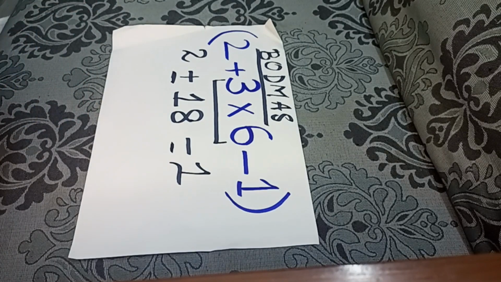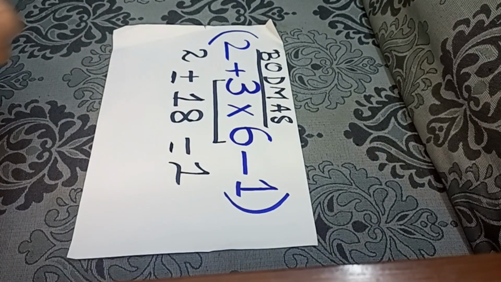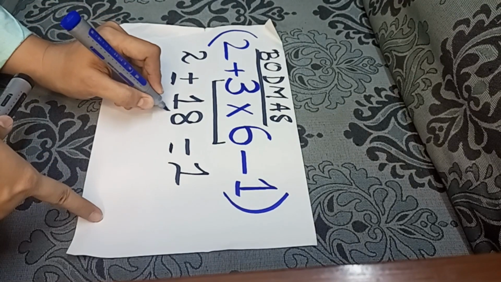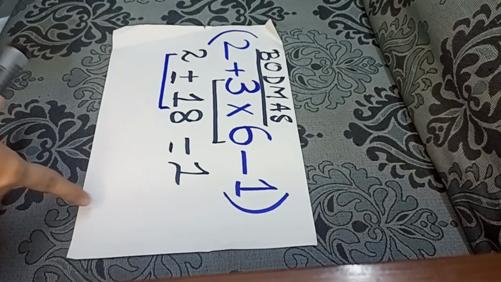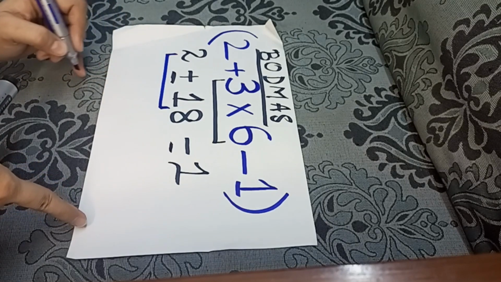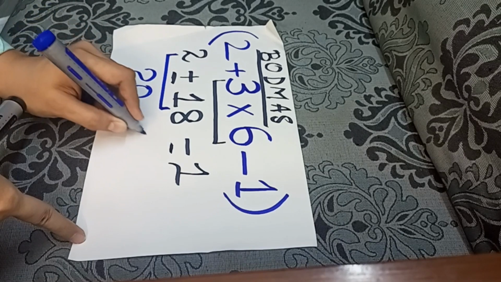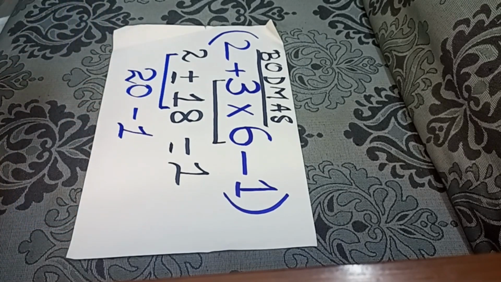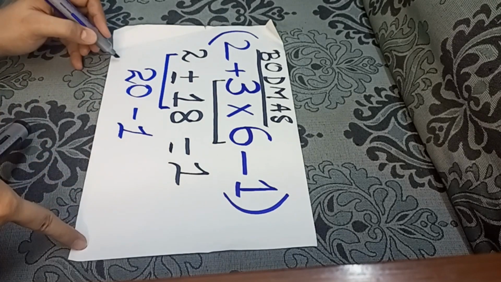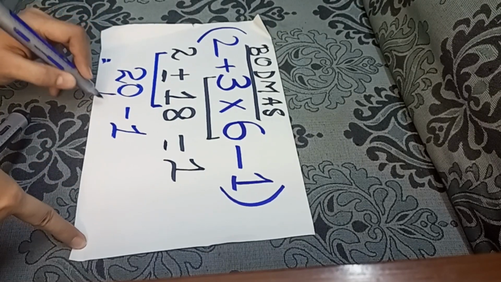You are not supposed to follow BODMAS here. So, you have addition first. 2 plus 18 is 20. Now copy minus 1 as it is. Now you have 20 minus 1. That means the answer is 19.